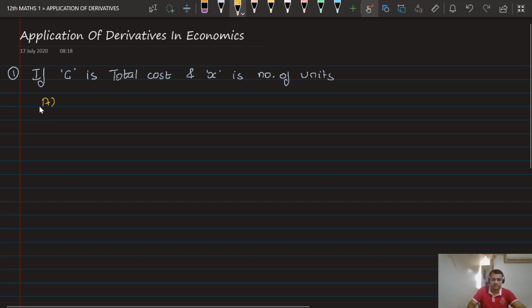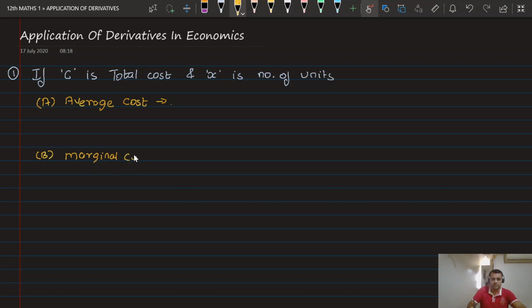Point number A, the average cost, and point number B, the marginal cost.